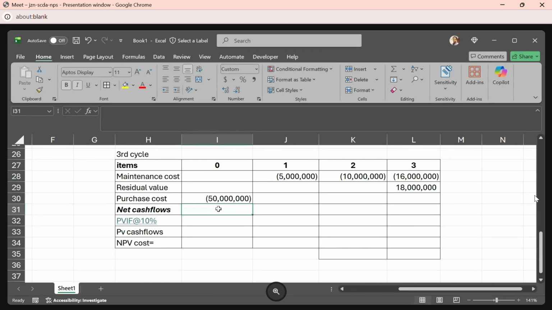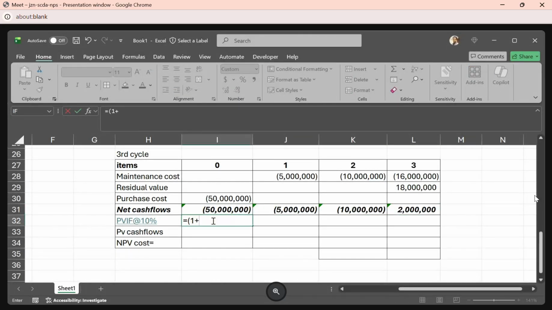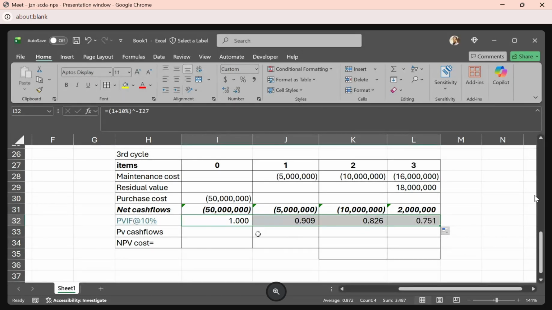So the net cash flow will be the summation of these figures in the years. We have a present value interest factor of 1 plus 10%, then power negative n. This is the answer, the figures.